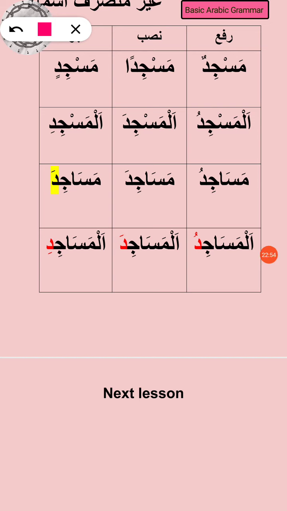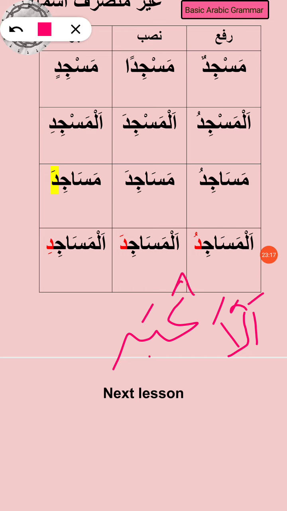So we have for example akbaru, akbara, akbara. If we make it mu'arraf bil lam, then it becomes al akbar. Al akbaru is the rafa form, then al akbara is the nasab form, and then al akbari is the jar form.